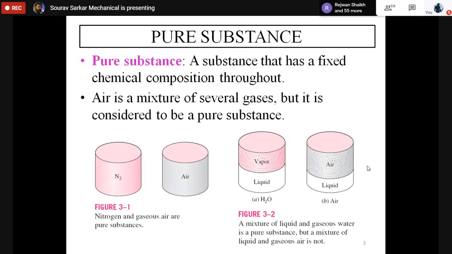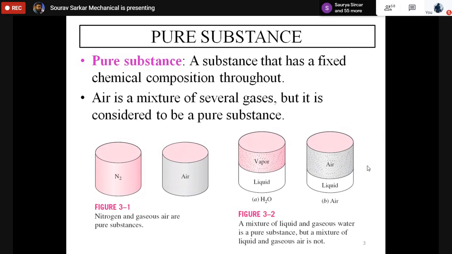Just like the example he gave, an oil water mixture. Due to the density differences, it will settle in a different composition.